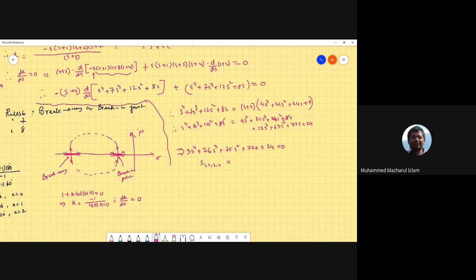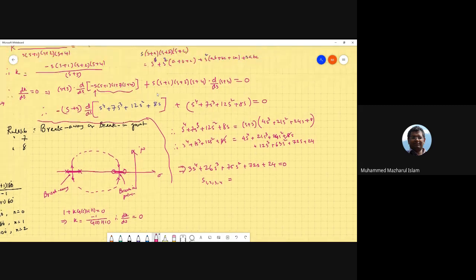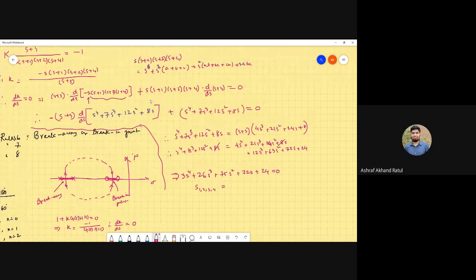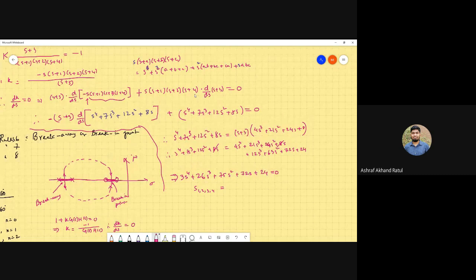Okay, maybe that's where we made a mistake. ab plus bc plus ca, right? 2 plus 8 is 10, plus 4 is 14, right? This is where we made a mistake. So this should be 14, everyone.